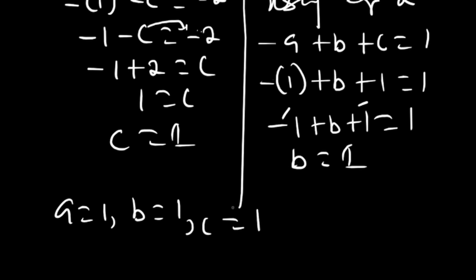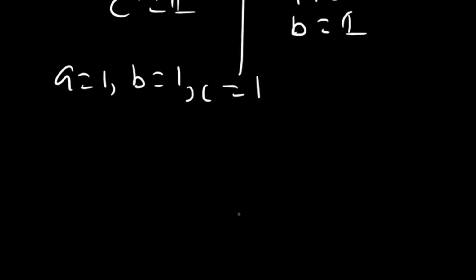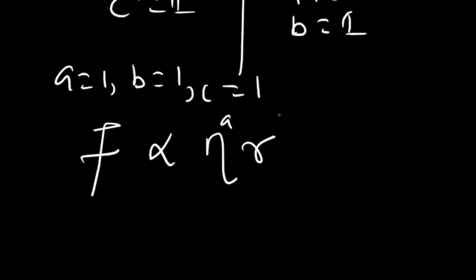Now having found these answers, the next thing to do right here is to bring back the expression that we wrote, that the force is proportional to the viscosity to the power of A, and the next one is the radius to the power of B, and then the velocity to the power of C. So wherever we see A, we put a 1.